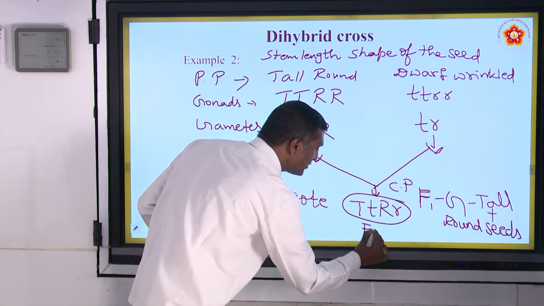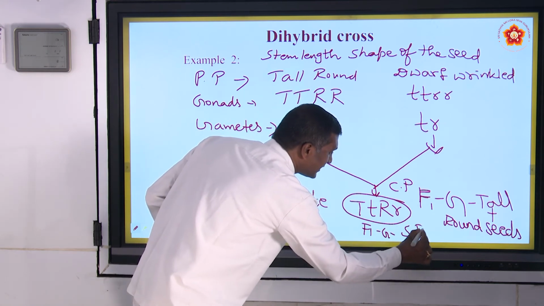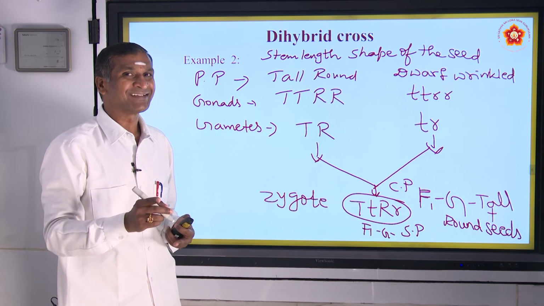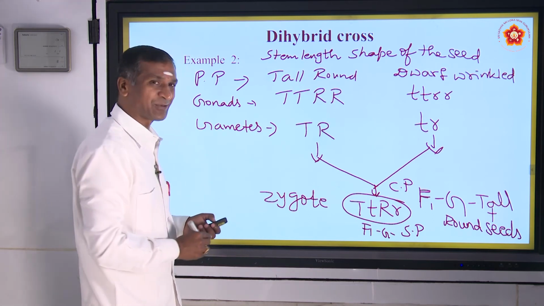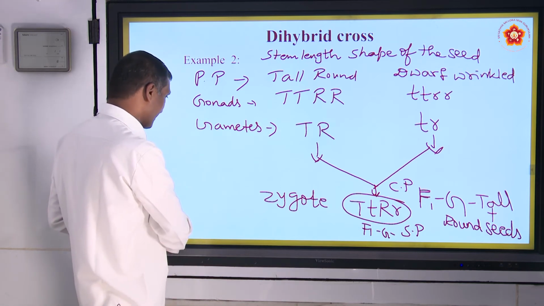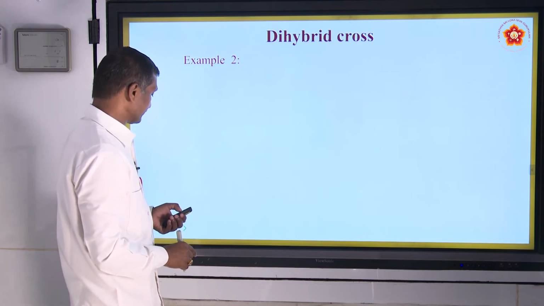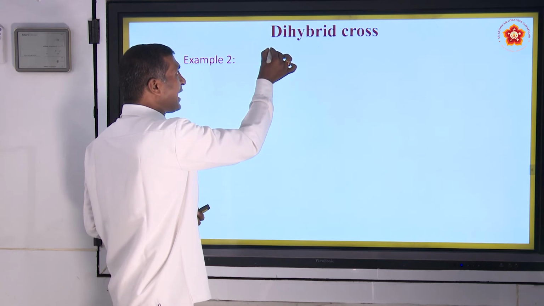And the F1 generation undergoes SP, that is very perfect answer, Rahul. SP means self pollination. Perfect it is. So it undergoes self pollination. So what will happen now? Self pollination. So in self pollination, what are the gametes?